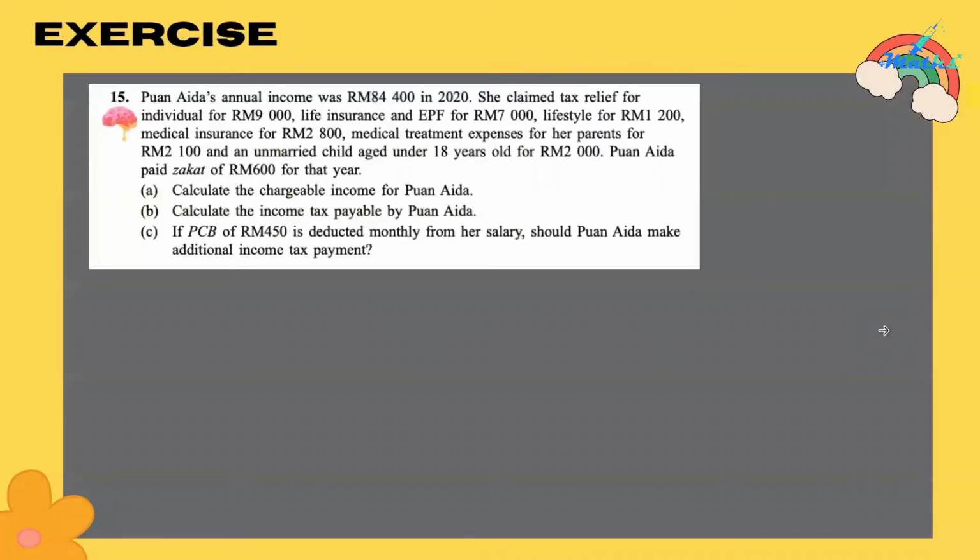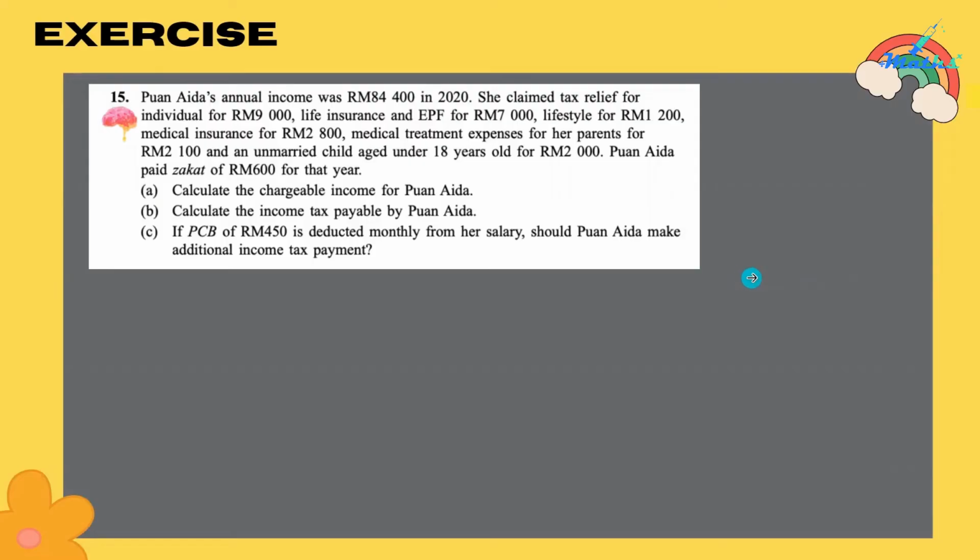So last we do some exercise for the PCB. So Puan Aida's annual income was 4400 in 2020. She claimed tax relief for individual for 9,000, life insurance and EPF for 7,000, lifestyle for 1,200, medical insurance for 2,800, medical treatment expenses for her parents for 2,100, and an unmarried child aged under 18 years old for 2,000.